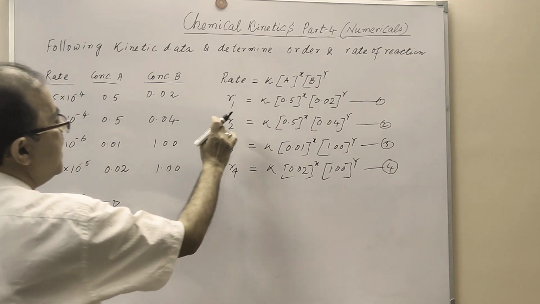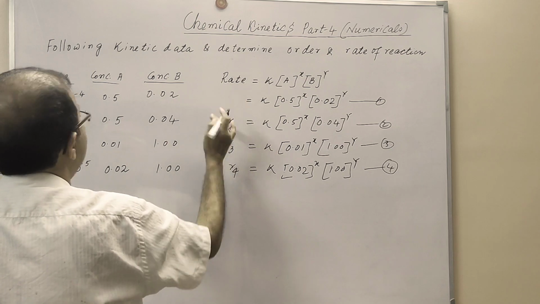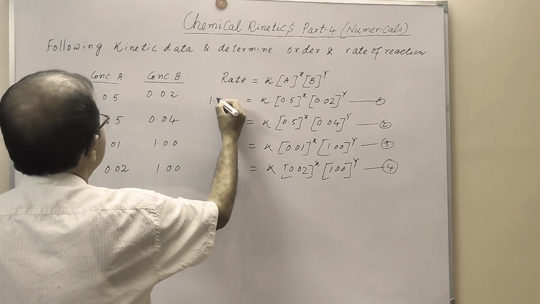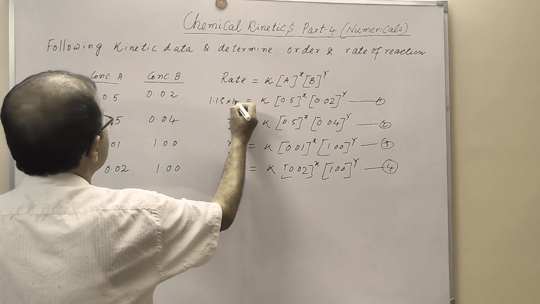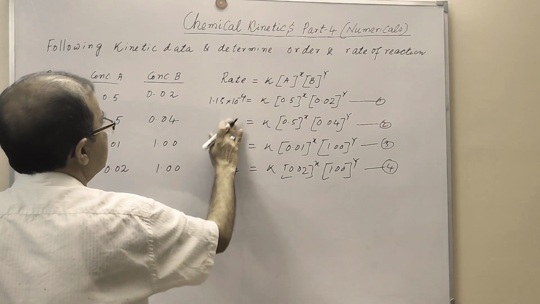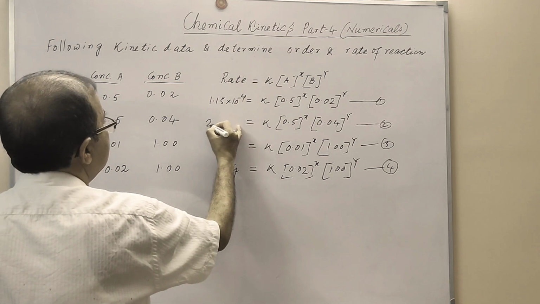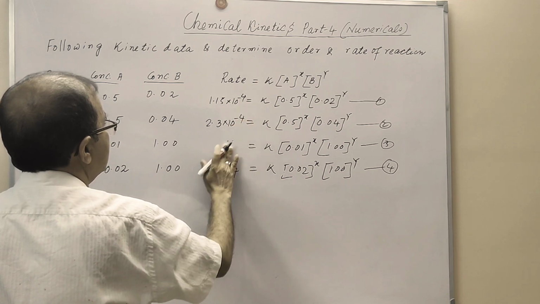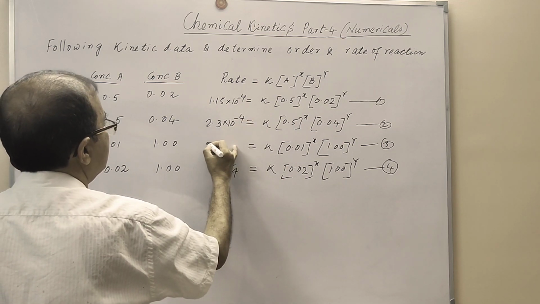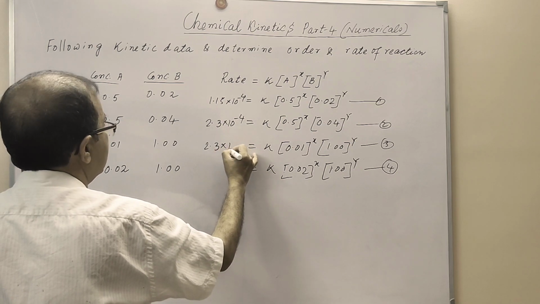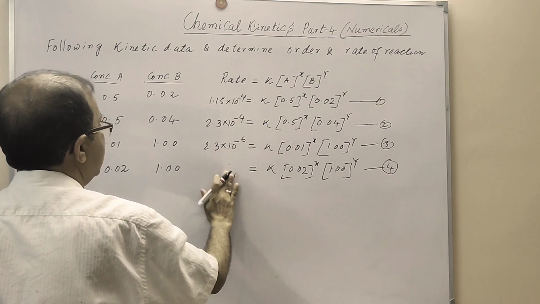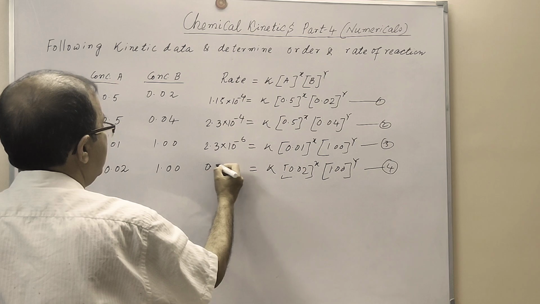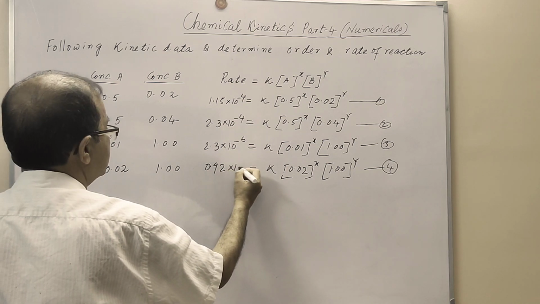One thing that I have not written here is the rate of the reaction. Rate 1 is 1.15 into 10 to the power minus 4. Rate 2 is 2.3 into 10 to the power minus 4. Rate 3 is 2.3 into 10 to the power minus 6. And rate 4 is 0.92 into this.